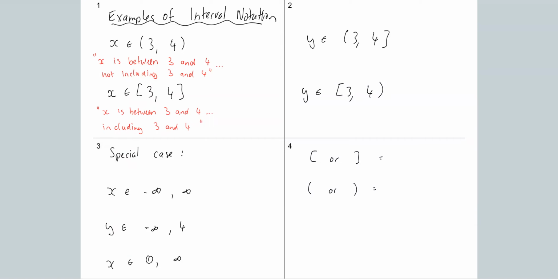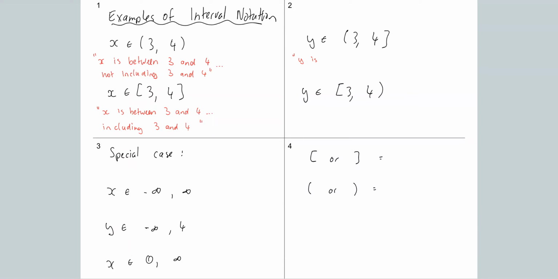So I will. Again, the fact I'm using X means I'm talking about domain, and the fact I'm using Y means I'm talking about range. But the interval notation is the same whether you're saying X or Y. So this means Y is between, or Y belongs to the set, if you want to be really precise, but I'm just trying to be a bit quicker with it.